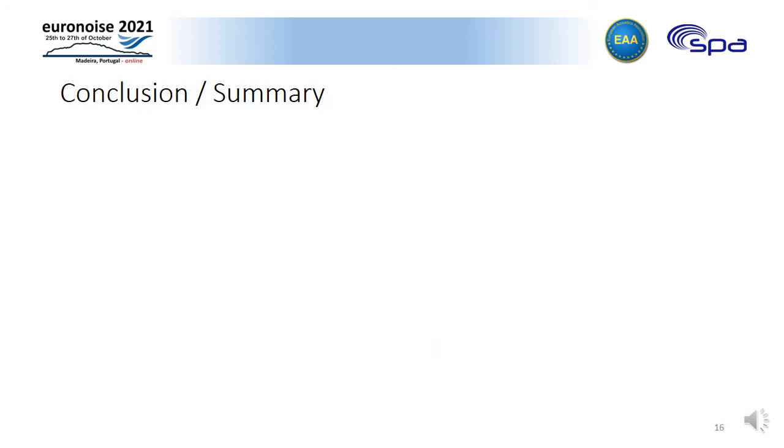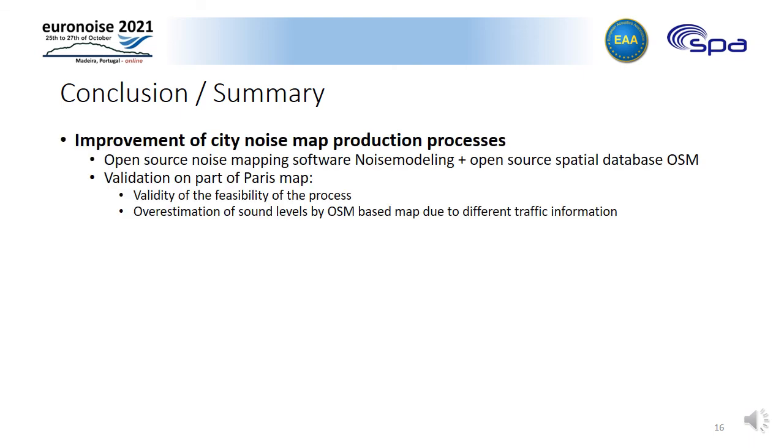To conclude, this research presented some improvements of the urban noise mapping process by exploring two aspects. The first one dealt with input data and the noise mapping process. We proposed a specific process for noise mapping based on the coupling of an open source noise mapping software, that is NoiseModelling, with an open source spatial database that can provide most of the input data for noise mapping.